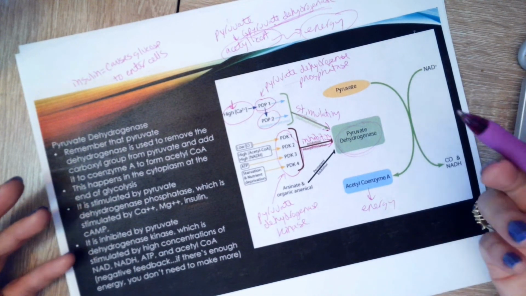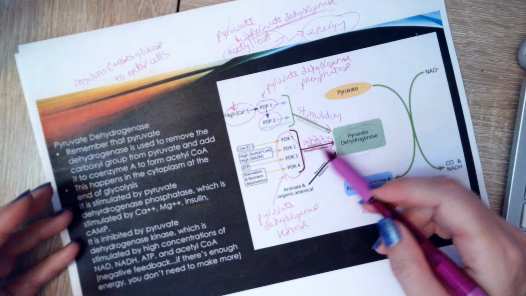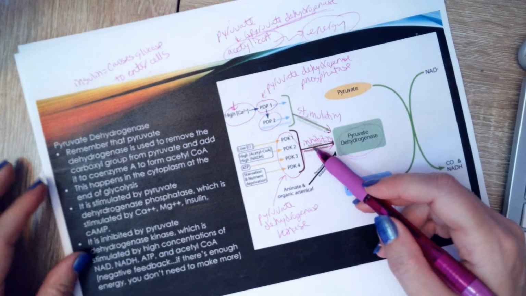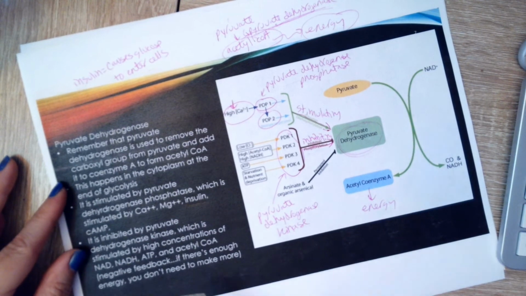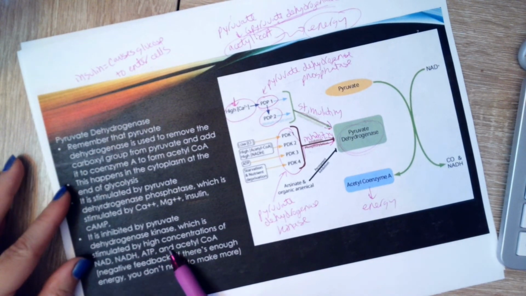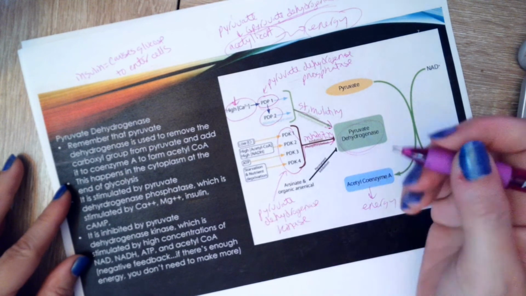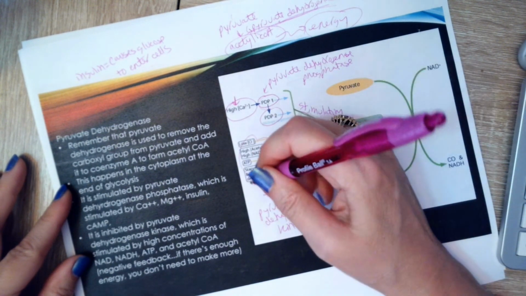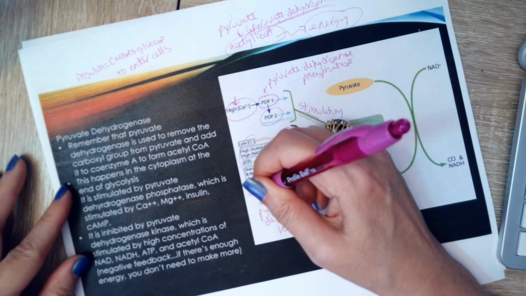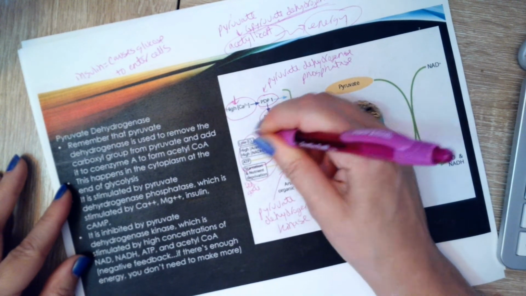So what causes you to make more PDK and therefore inhibit your pyruvate dehydrogenase? The fed state, essentially. So let's just put that here. Oops, except for this last one here. Fed state.